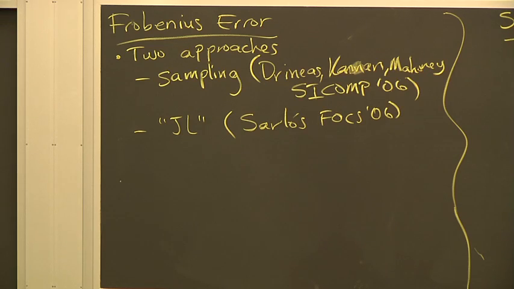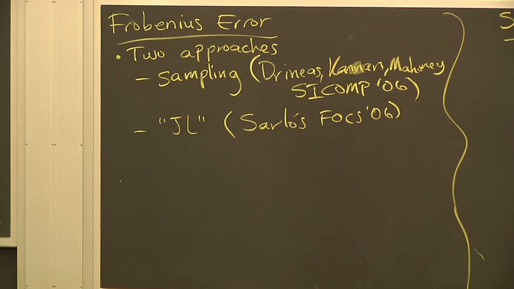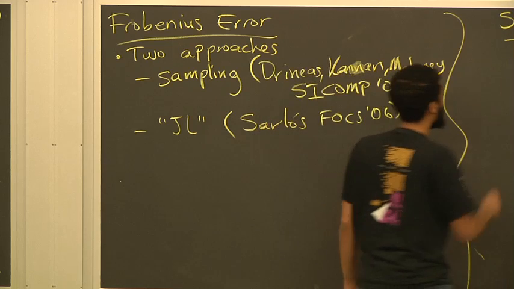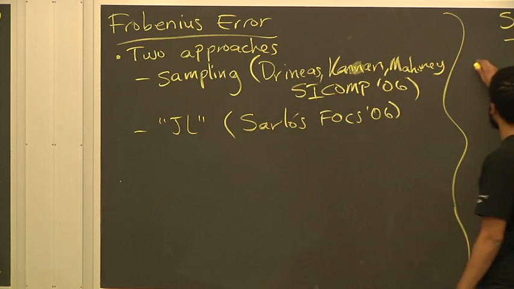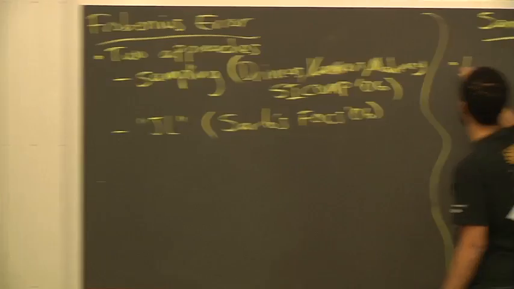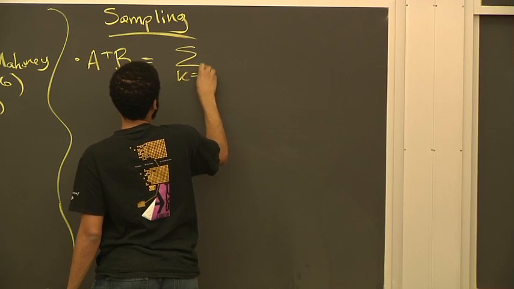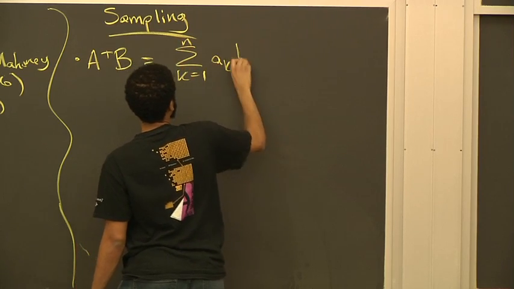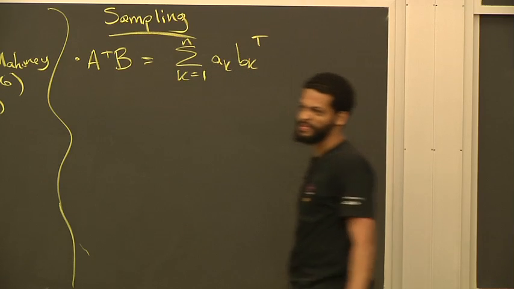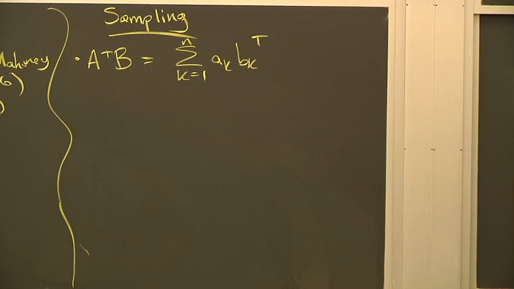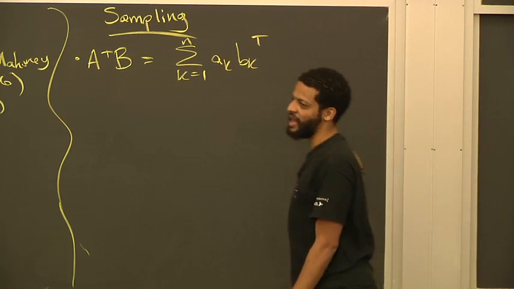For me, all vectors are column vectors. In general, you can verify this: A transpose B is exactly the same thing as the sum k goes from 1 to n of AK BK transpose. So it's a sum of n outer products.